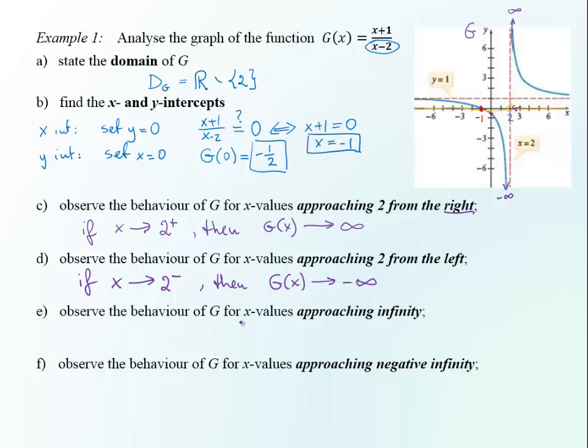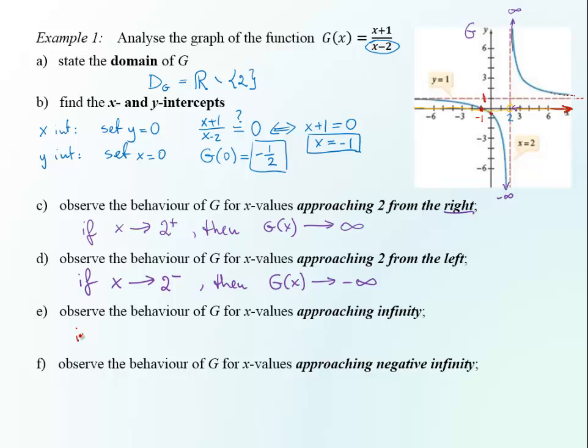Observe the behavior of g for x values approaching infinity. Well, now we are running with x's towards infinity, this way, and we're observing what's going on with the values of the function. Those values are trying to approach the horizontal asymptote, which comes through the point 1. So, using the diagram, I would say the values approach 1.